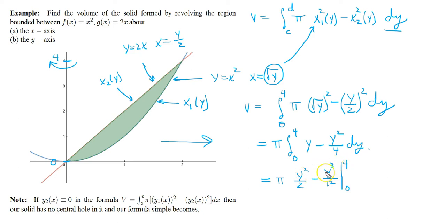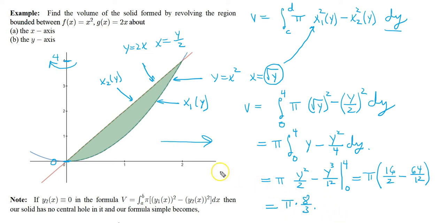So we put 4 in for y, 0 in for y, and subtract those two numbers. Now 0, of course, that's just going to be 0, so what we get here is and then simplifying this, we get our answer, pi times 8/3.